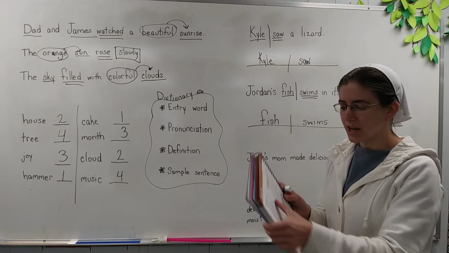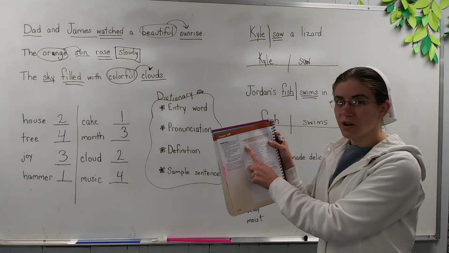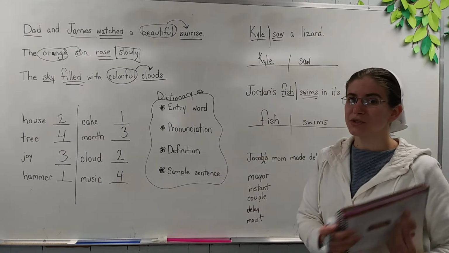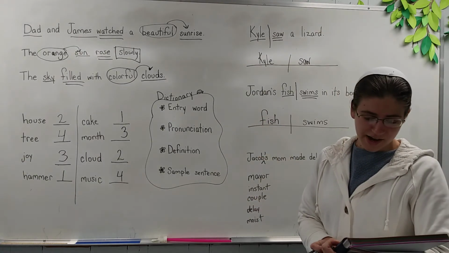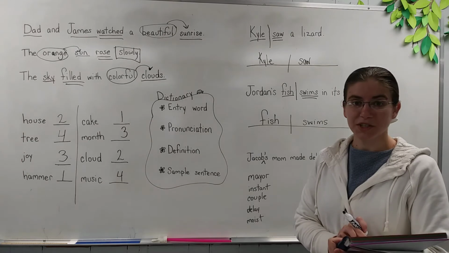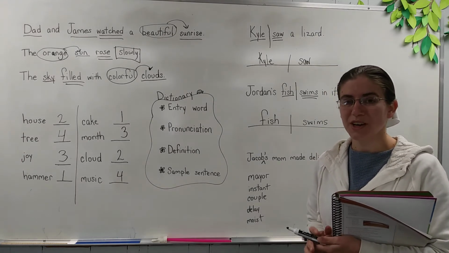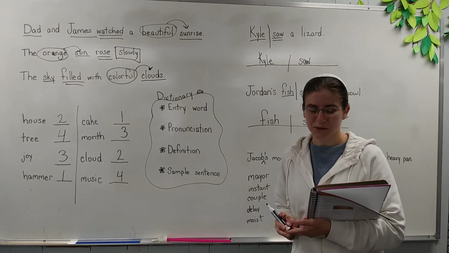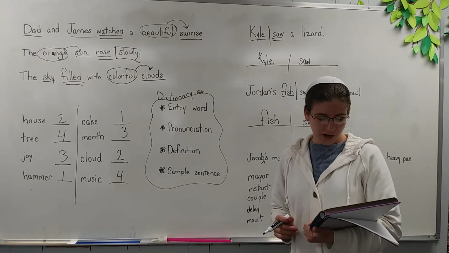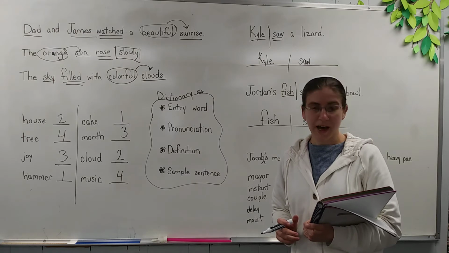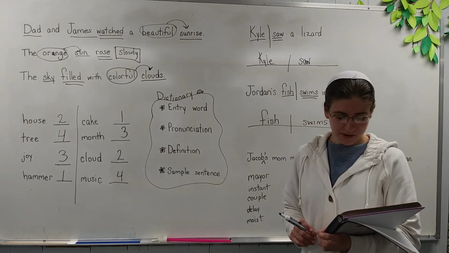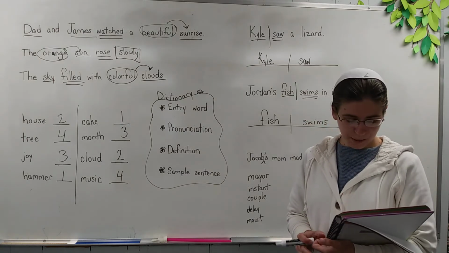Now, those are the entry words on page 315. Then you have some questions that your page is asking you, and you need to fill in the answers. So, our directions say to look at the entry words above and answer the questions.